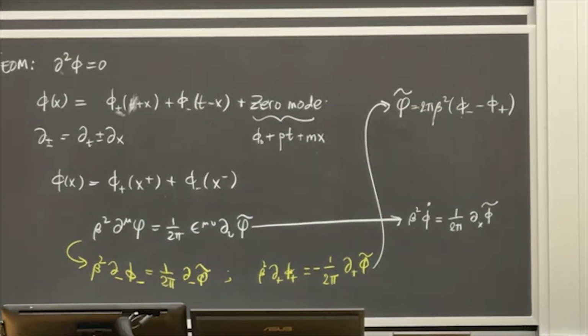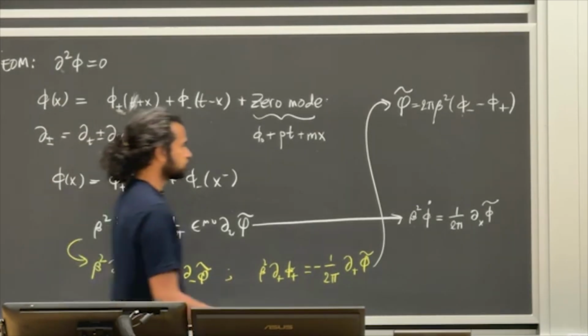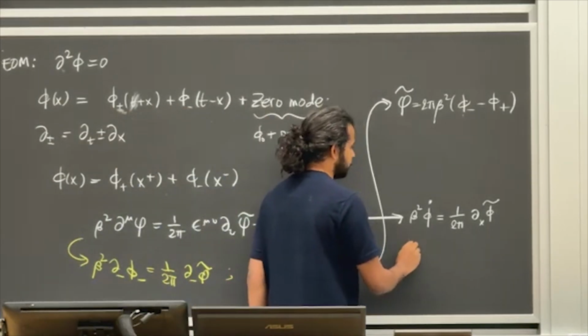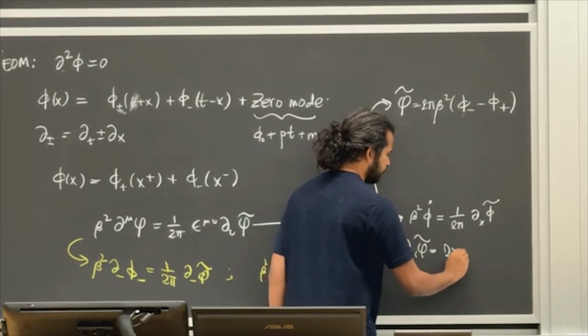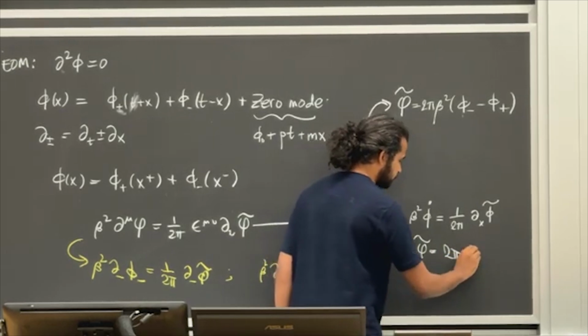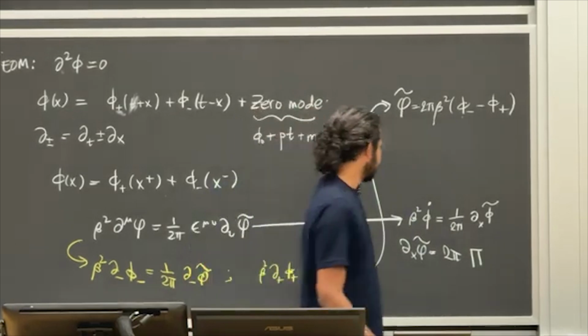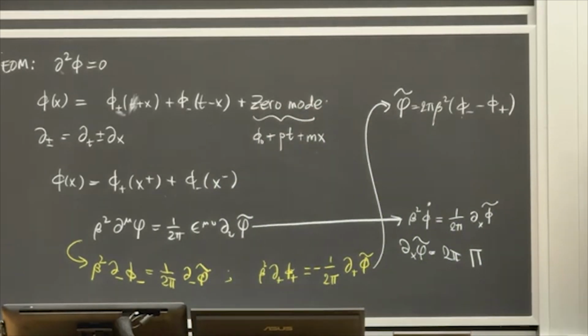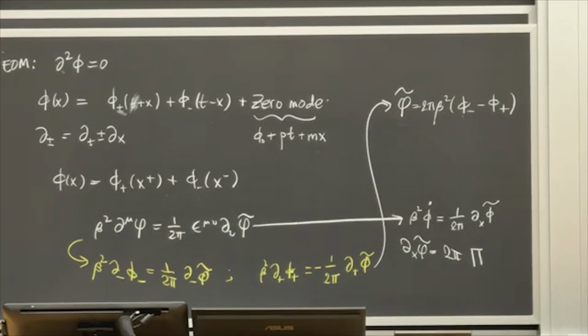It is the canonical momentum, right? So what we have is dx phi tilde is 2 pi, that pi is the canonical momentum. Then I can write phi tilde xt as 2 pi integral from minus infinity to x dy pi yt.